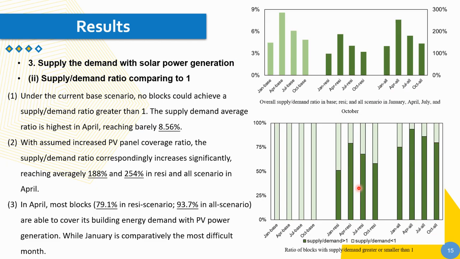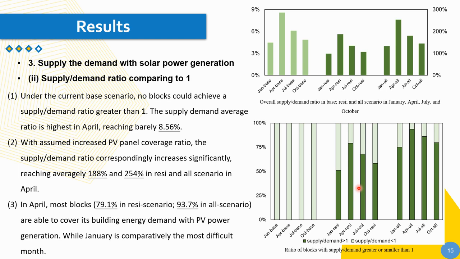We then calculate whether the supply is bigger than the demand. So we calculate the supply-demand ratio for each block. In the current base scenario, no block could achieve a supply-demand ratio greater than 1. The average supply-demand ratio is about 8%. But for our idealistic scenario, the ratio is much higher, reaching about 200%.